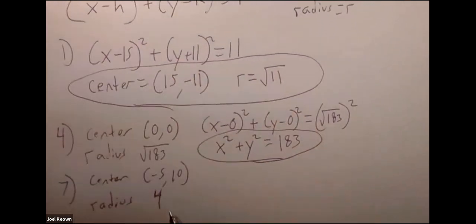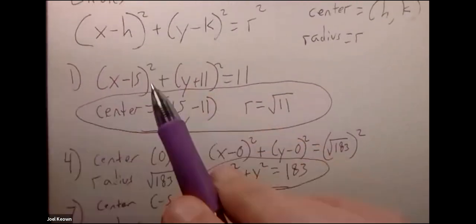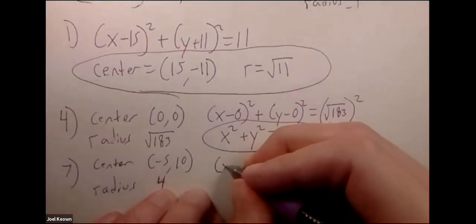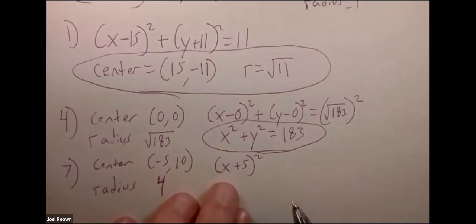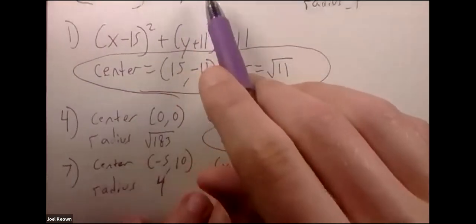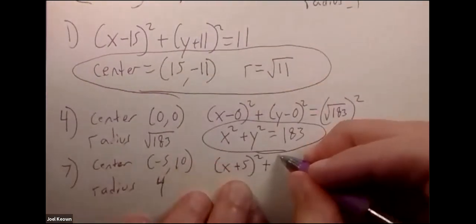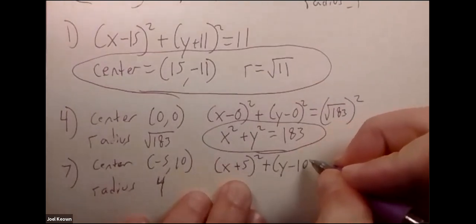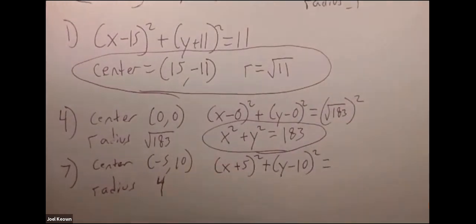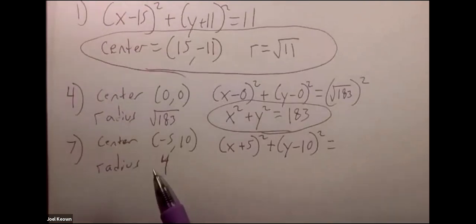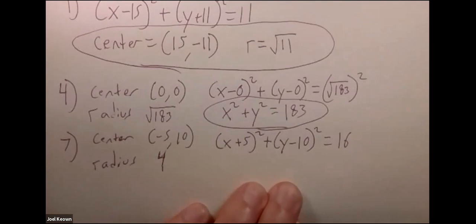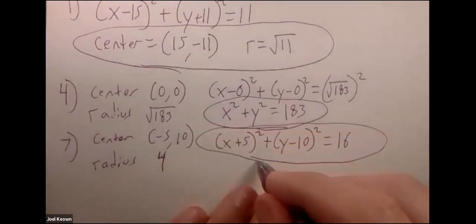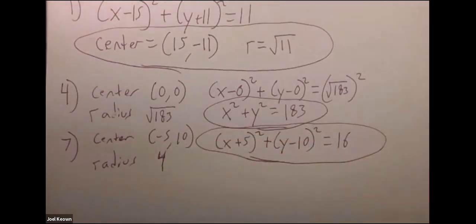Now, h is negative 5, so minus negative 5 means I'm going to have x plus 5, and then y minus k, so y minus 10. And then I'm going to go ahead and square my radius. My radius is 4. Well, 4 squared is 16. That's as simplified as that one gets.